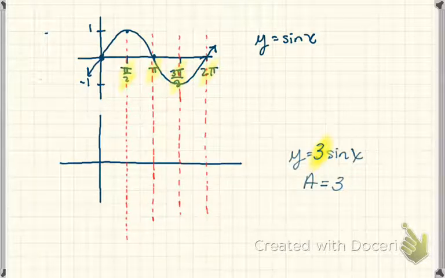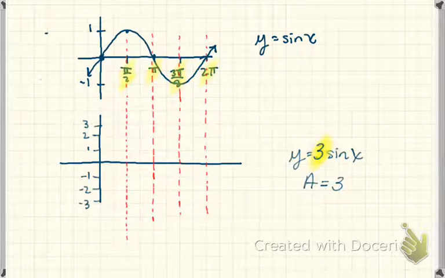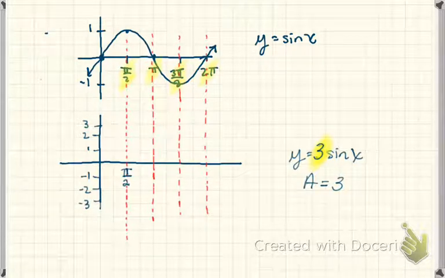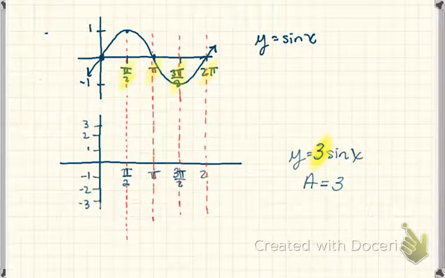The 3 actually makes it taller, because now my whole function is multiplied by 3. Let me mark some stuff here. Here's 1, 2, 3, and here's -1, -2, and -3. Key values are still pi over 2, pi, 3 pi over 2, and finally 2 pi.